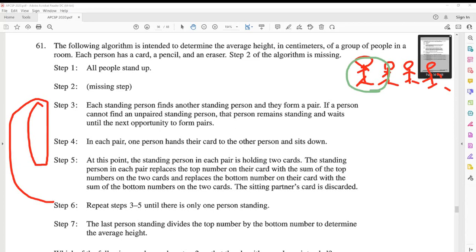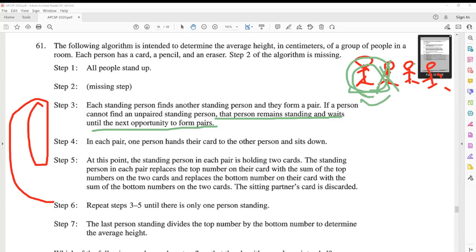That person remains standing and waits for the next opportunity to form a pair. In each pair, the person holding the card hands the card to the other person and sits down. So the two persons will be a pair.